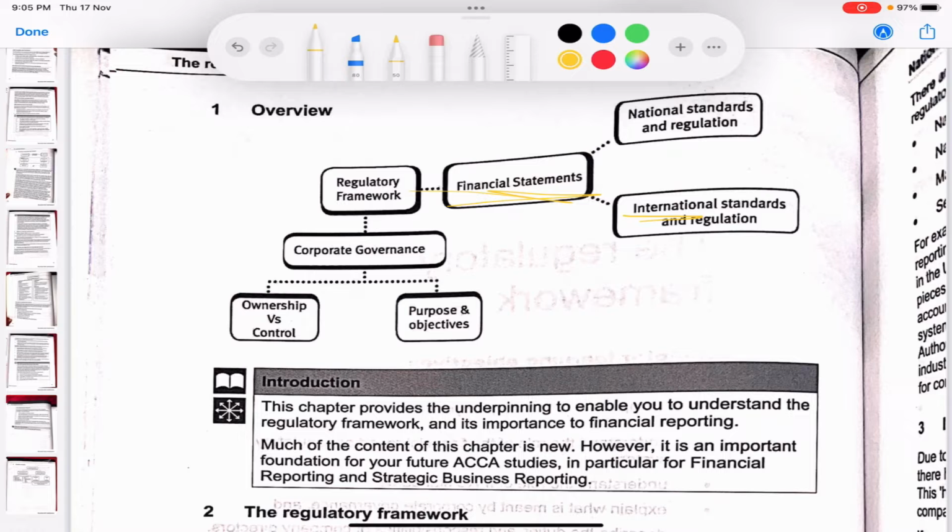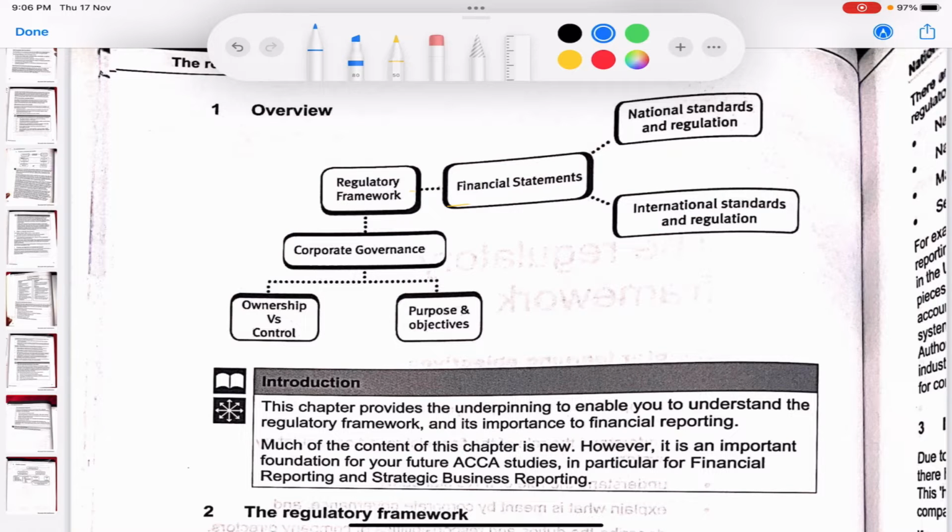Why? Because if I am in India and there is someone in, let's say, the USA, and we both want to compare a company's financial statements, they should match the international standard so that both of us can easily compare them, right?